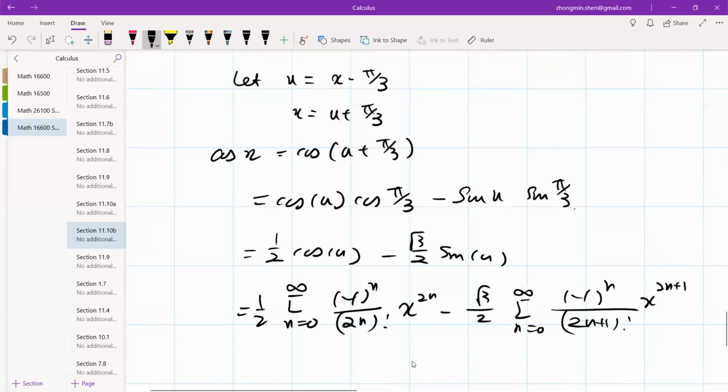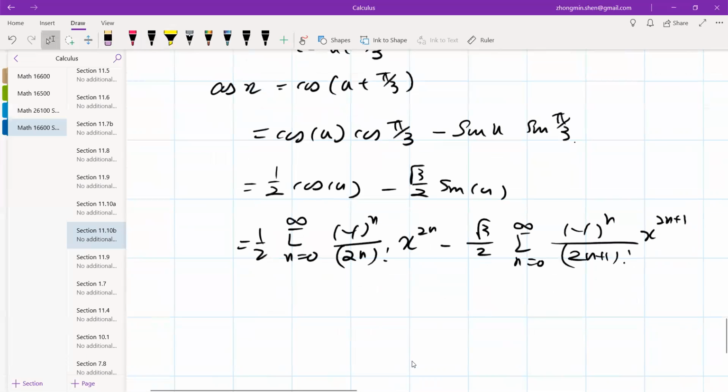And this holds for all x. You can also put them together, but it's a little bit difficult to describe, because there's no common term, u to the 2n and u to the 2n plus 1.